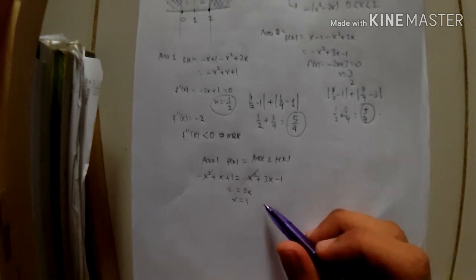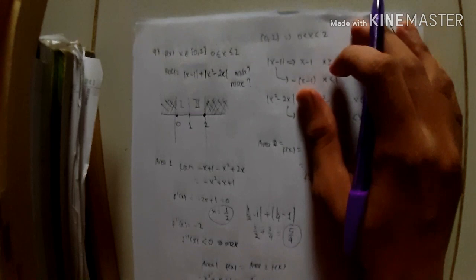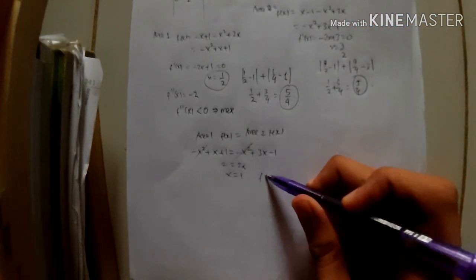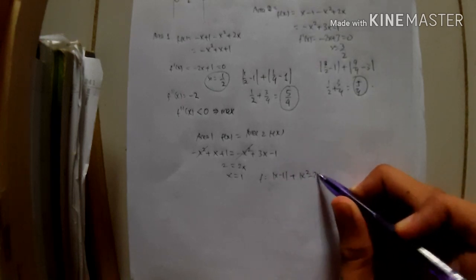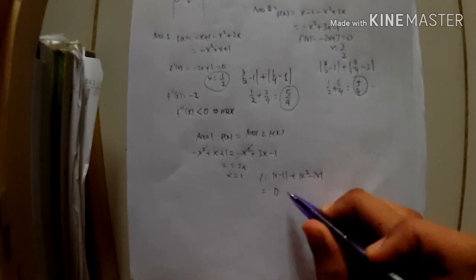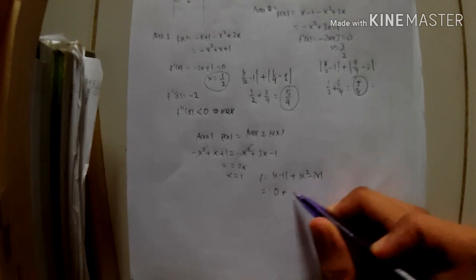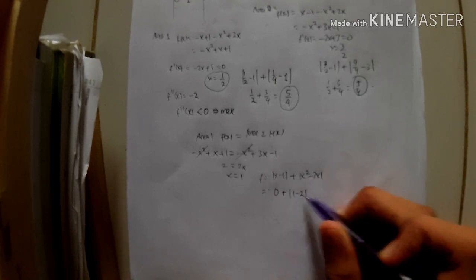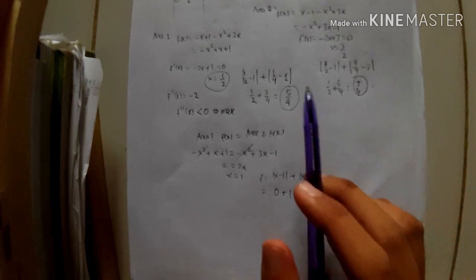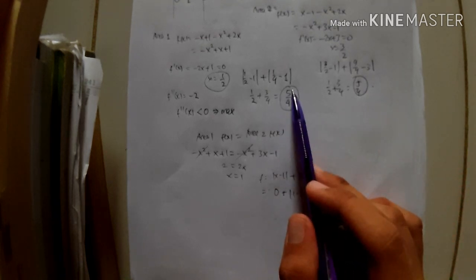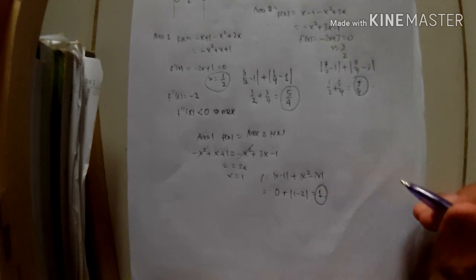If we substitute that into the original function, it is 0 plus 1 minus 2 plus 2, which is 1. Okay, so the maximum value for the absolute function is 5/4, and the minimum value is 1.